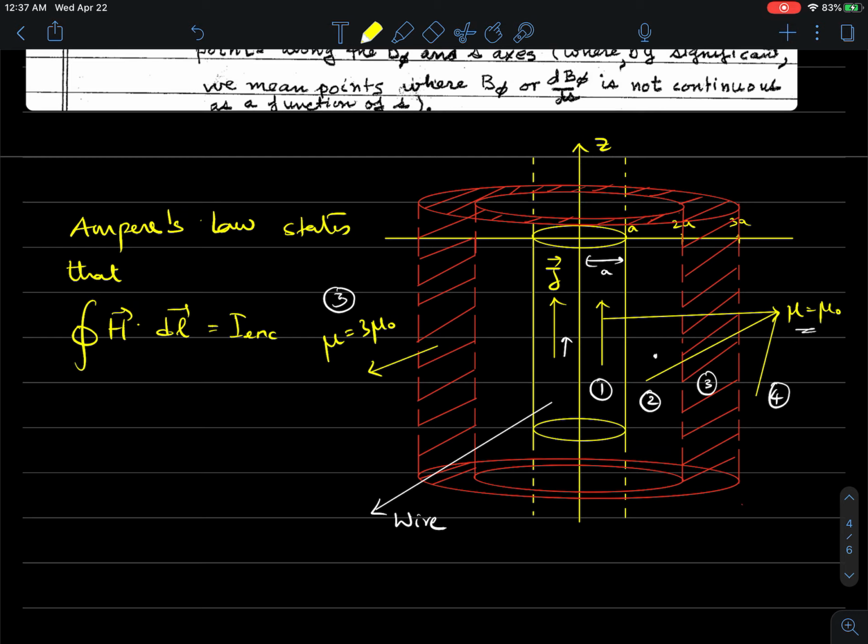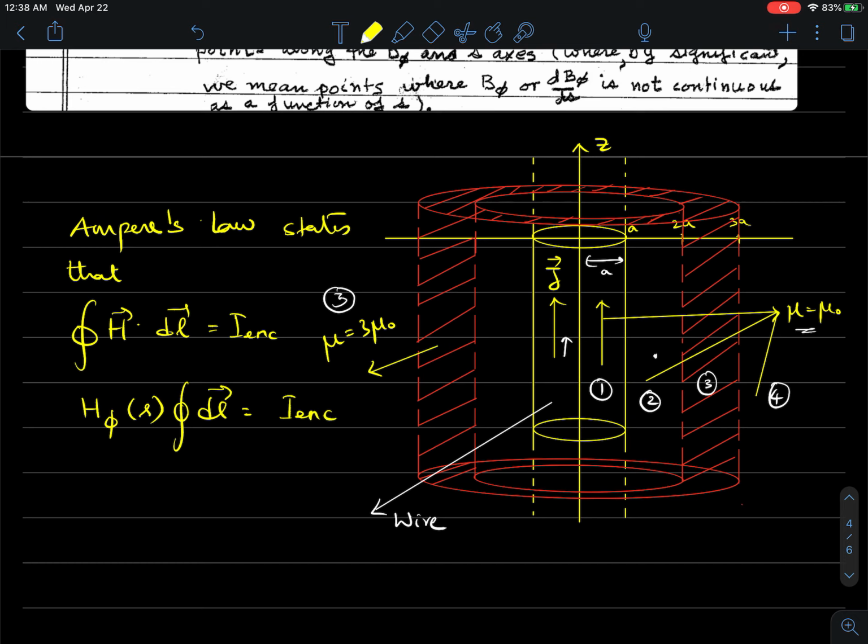Because the current has circular symmetry and is flowing in the z direction, we can use azimuthal symmetry. So H becomes H phi of s, and the integral of dl is equal to I enclosed.